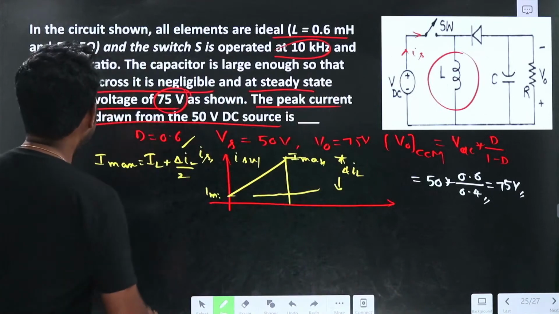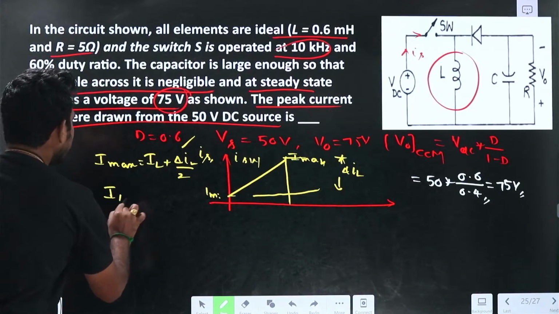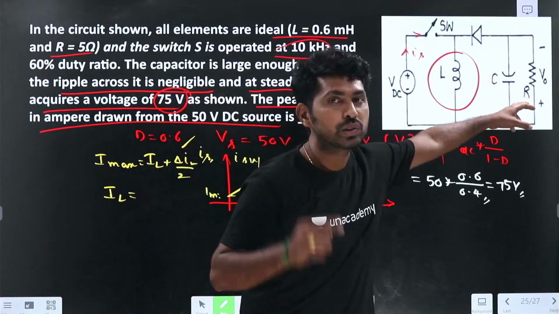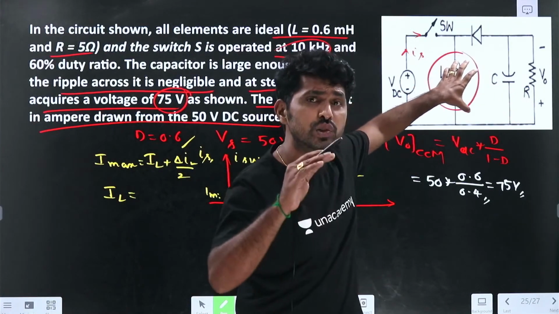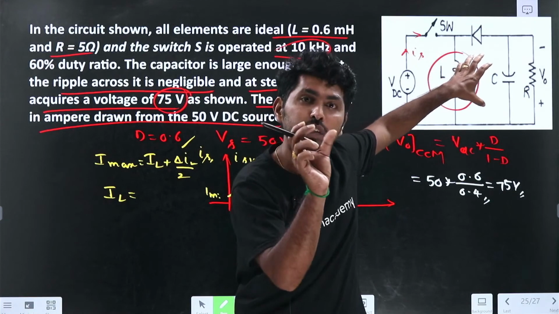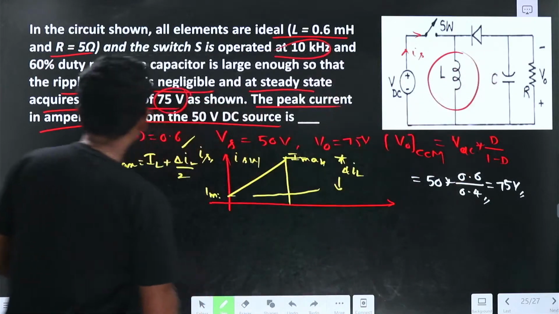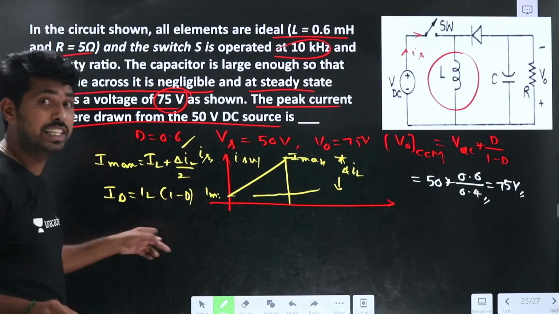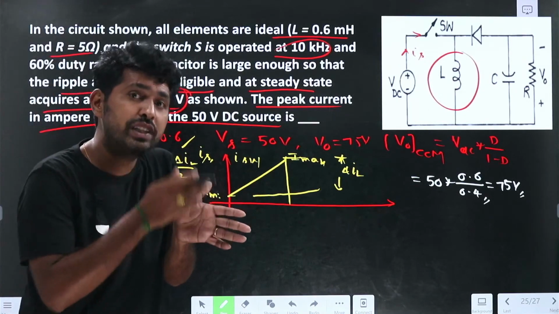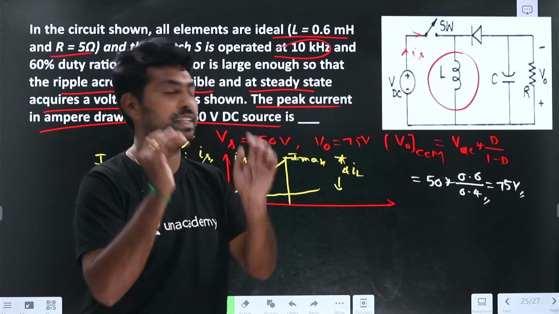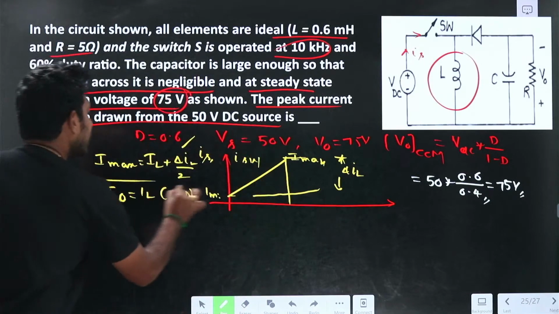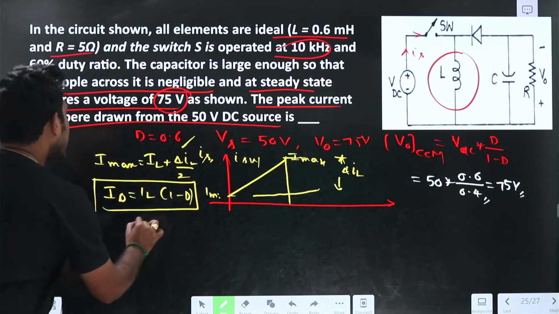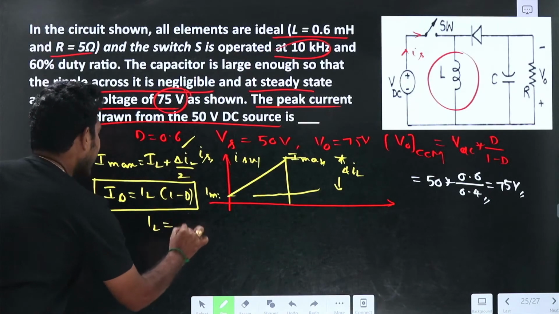How can I find IL? The output current I naught equals IL into 1 minus d, because the inductor current flows in the load only during the 1 minus d period. There is no need to memorize the formula; by simply observing the circuit, we can write IL equals I naught by 1 minus d.